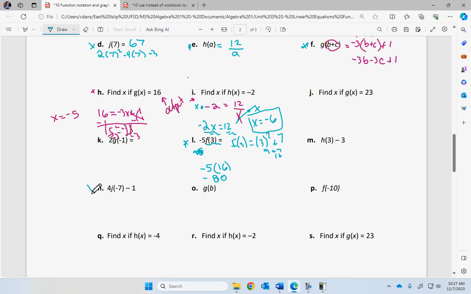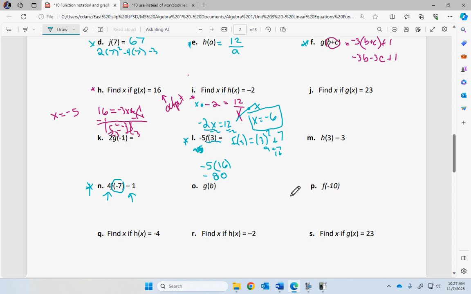So it's like following the order of operations. Like if we did letter N, you want to do j of negative 7 first. Then you're going to multiply it by 4. Then you're going to subtract your negative 1. Subtract your 1, I mean. Okay, so j of negative 7 gets multiplied by 4, and then you subtract the 1.